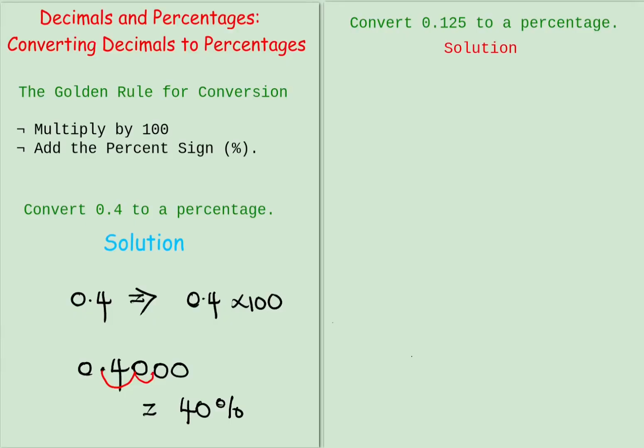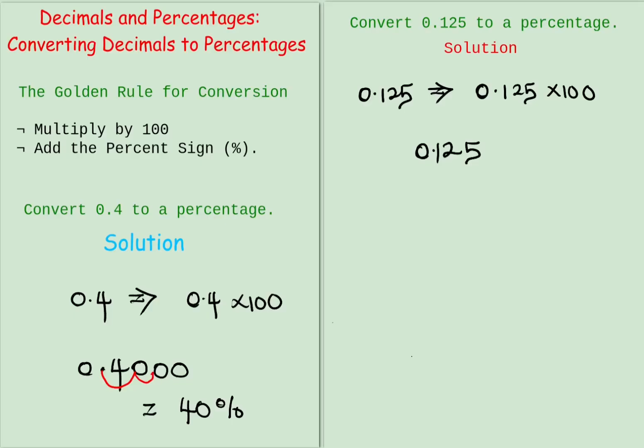Now, seeing how simple it is, you can try and solve this on your own. You have 0.125 and you have to convert it into percentage. Converting it into percentage simply means we should multiply it by 100, which means you move your decimal 2 times to the right.